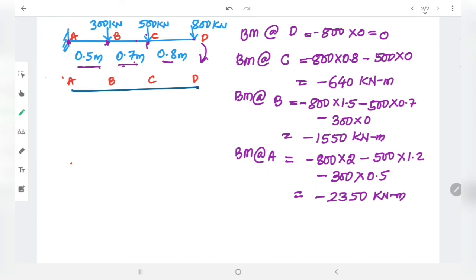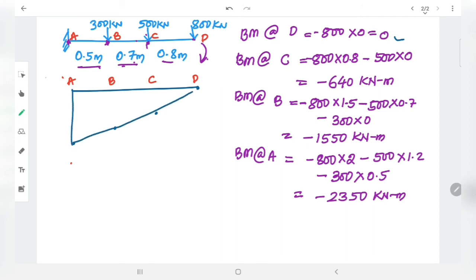At D, what is the bending moment? That is 0. So I will tick here. At C, what is the bending moment? 640. At B, what is the moment? Minus 1550. So this one 0, 640, 1550, and the last one at A minus 2350.